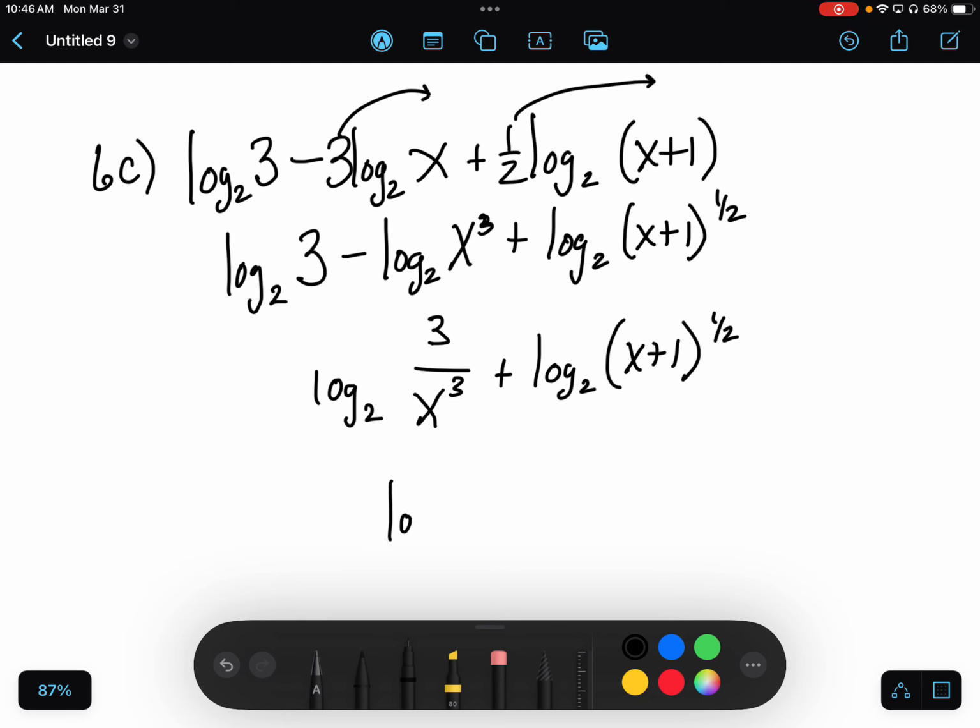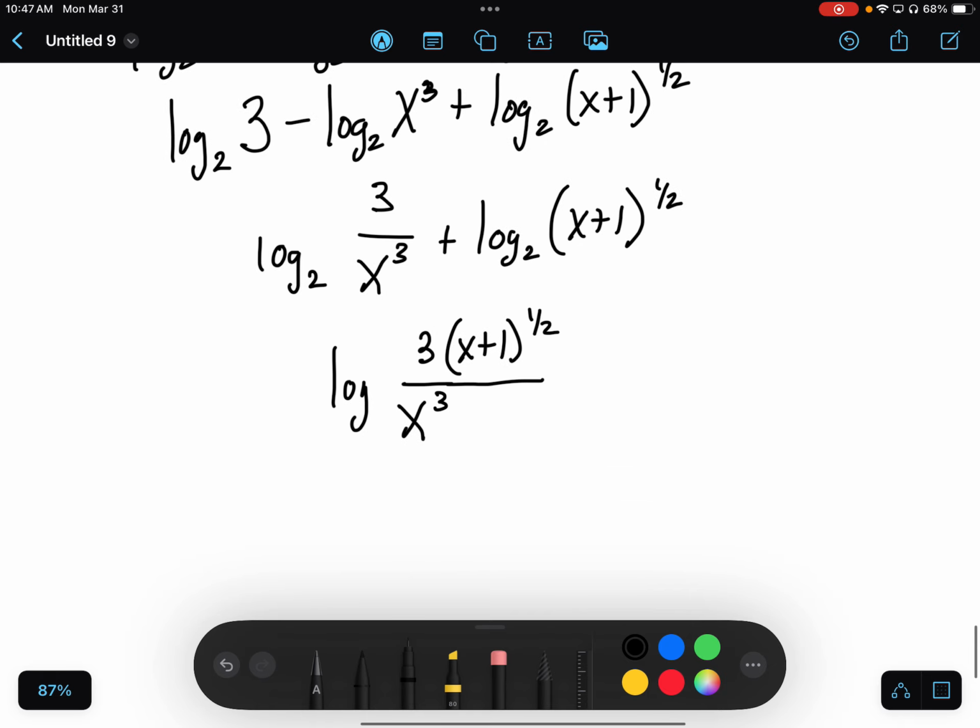And when you multiply, you go across the top. And then you go across the bottom, but not both. So that would be one acceptable answer. Or if you have log base 2, 3 the square root of x plus 1 over x to the third. That would also be okay. And that was what, 6C?